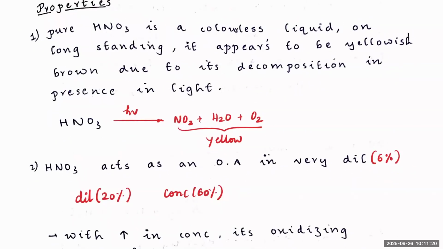HNO3 is a colorless liquid, and on long standing it will start giving a brown color gas due to its decomposition in the presence of light. The brown color gas is NO2, and it decomposes to give H2O and O2.